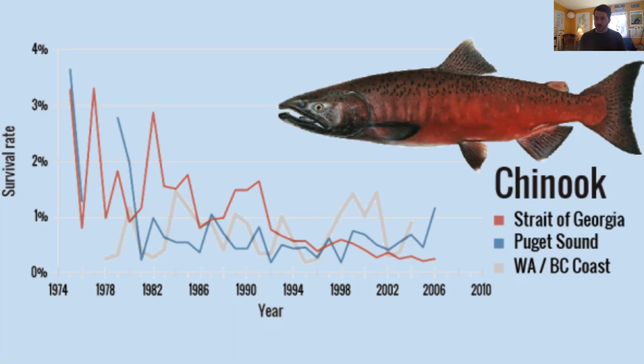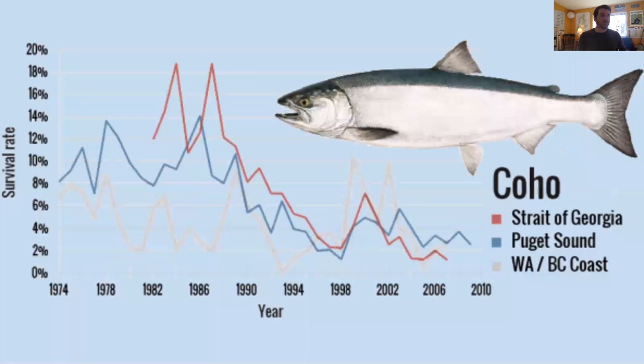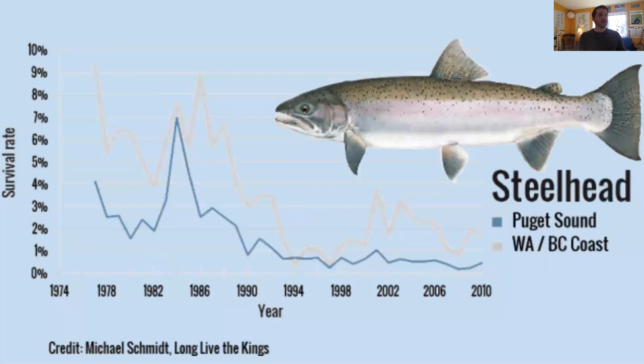Their habitat has been degraded, the water quality has been degraded, and the result is very stunning. We've seen over the last 5 decades a steep decline in fish populations. Experts expect that native fish populations in the Northwest, in the Salish Sea, are roughly 10% of their historical numbers before European settlement.